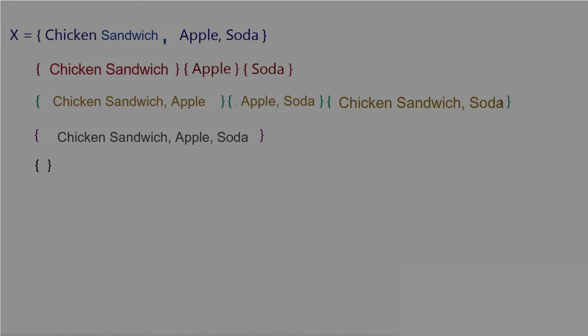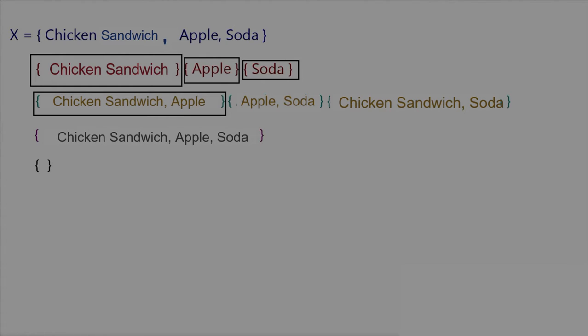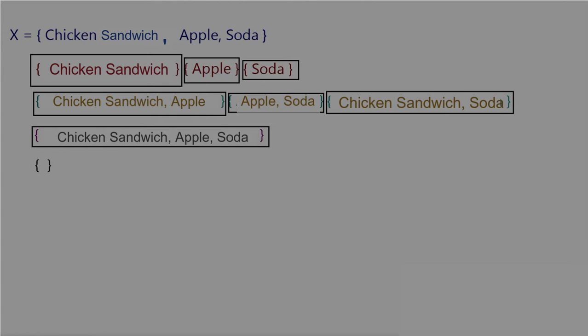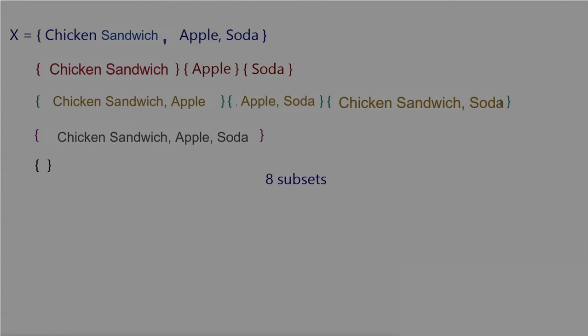Now let's count the number of subsets we got from the set X, which contains Jordan's lunch. After counting, we can see that we got 8 subsets from the set X. In order to arrive at the answer much quicker without writing out the subsets, we could use a formula, and that's 2 raised to the power of n.